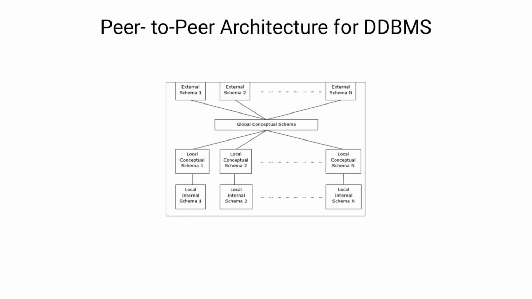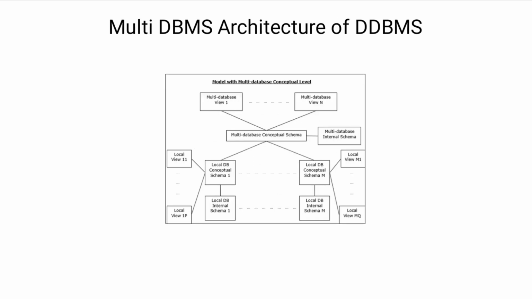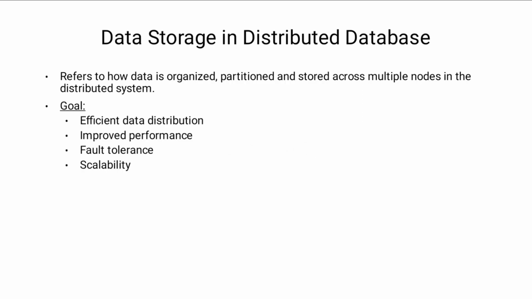External schemas are present at the top, then the global conceptual schema, and under that the local conceptual schema and internal schema are spread. In multi-database, integrated autonomous systems are present. According to that, a local view, internal view, like that we can distribute the views.